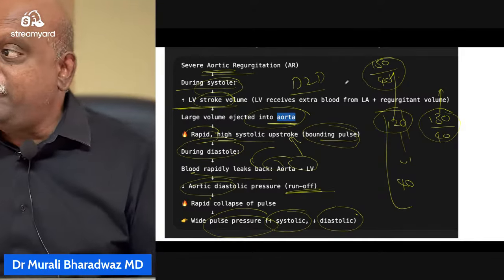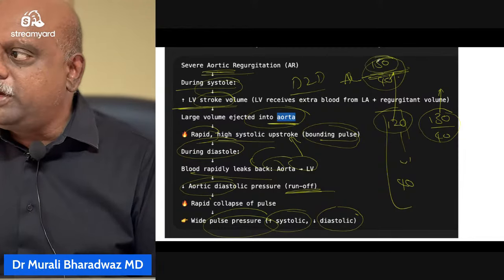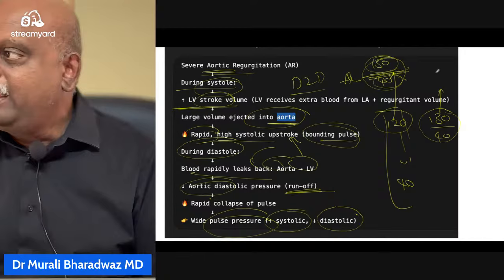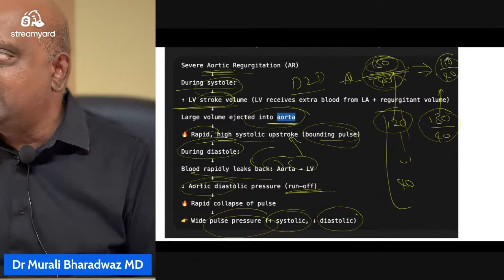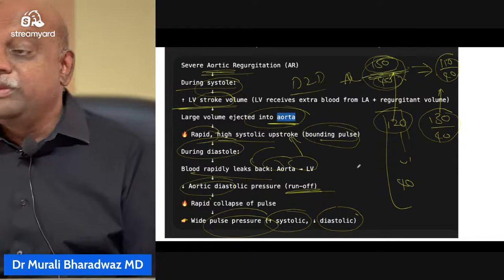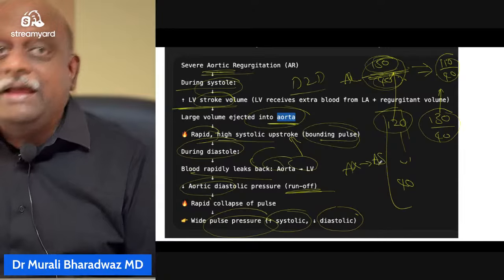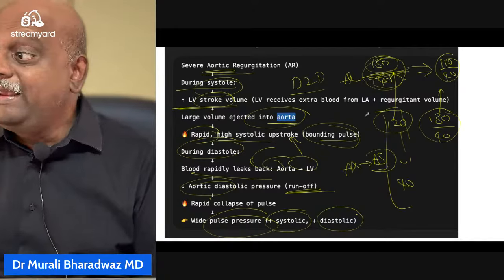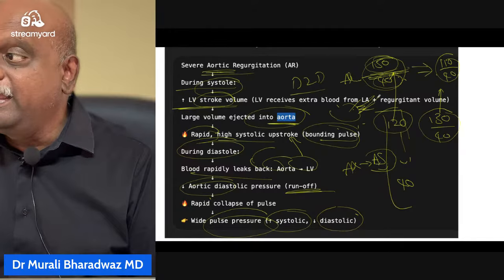A patient of aortic regurgitation who is supposed to have 150/40, instead of 150/40, if he is having 110/40, what does it indicate? If this AR is associated with AS, AS will prevent delivery of the increased stroke volume.